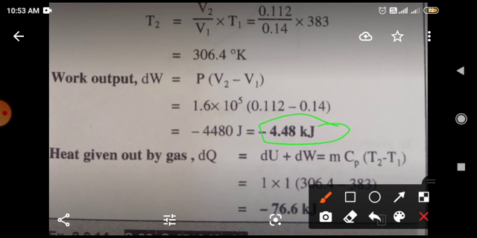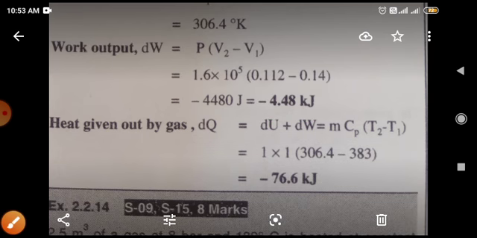In an expansion process, V1 was 1.4 and V2 was larger, but this is a compression process, which means the piston has done the work on the gas. Therefore you have to consider the work done to be negative.